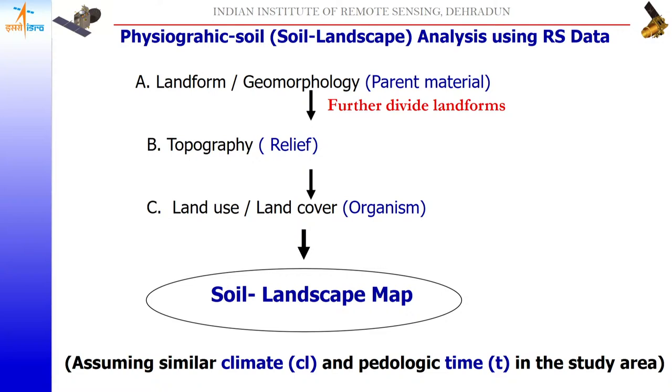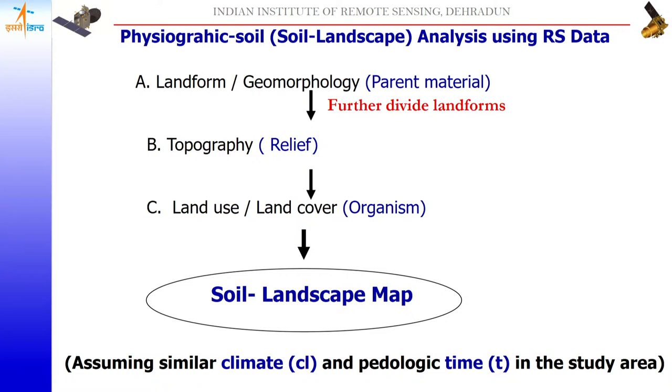Then after preparing the geomorphology map, in each geomorphology polygon you study the topography or slope. So divide each geomorphology map unit into n map units based on the topography, or study soil in that polygon.